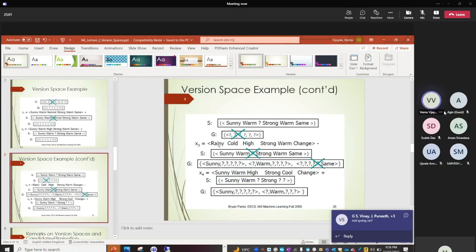So we are removing negative. Similarly, all warm. Cold is a negative case. We are removing cold. Third case, till now all was same, and now change is a case. So for those 3 we are framing generic cases.